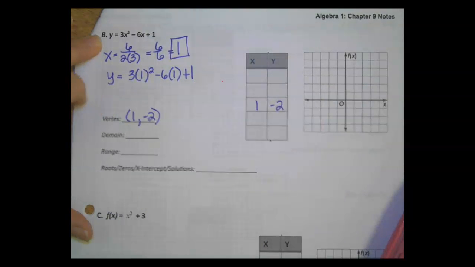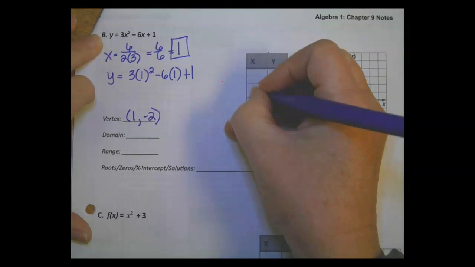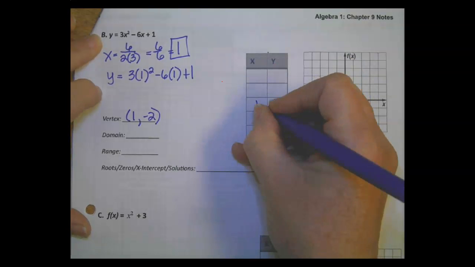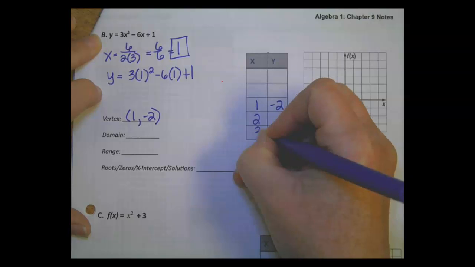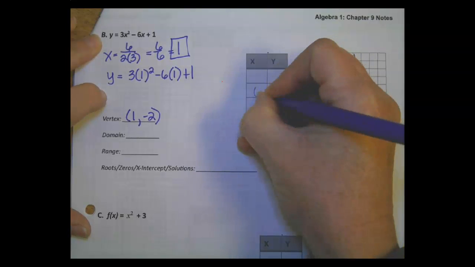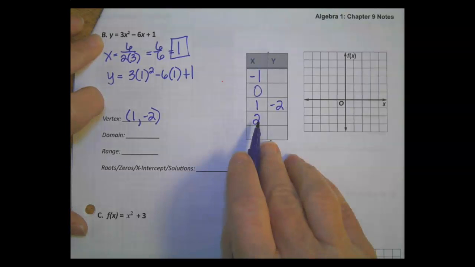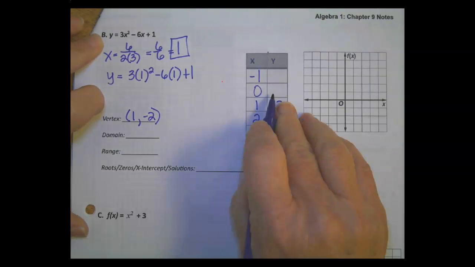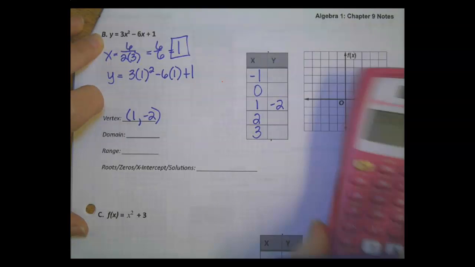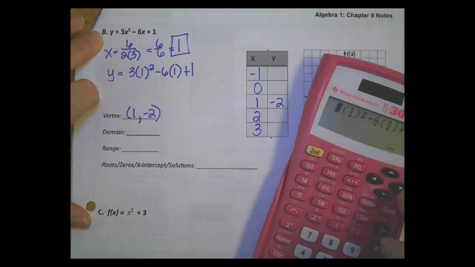Okay. Now I know I'm going to go up 1 and then go backwards 1. Okay, so I'm going to plug in 2 and 3 only because I know these are going to be the same. So I'm going to plug in my 2.